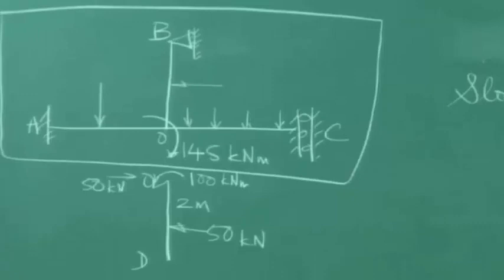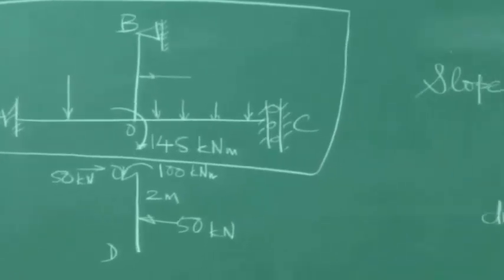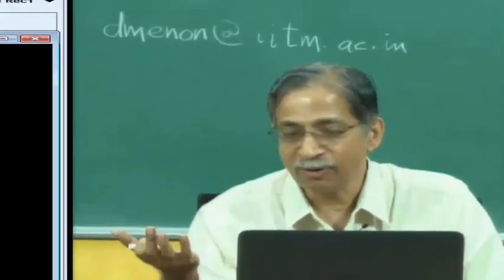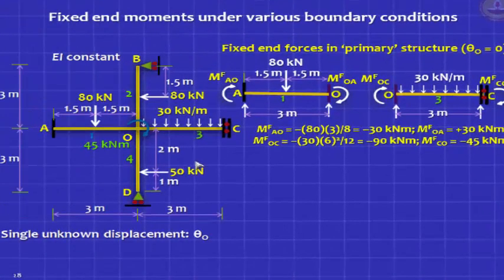We have a constant load right in the middle, so very easy to capture, minus 3. So 3 will be WL squared by 4, and it's going to be minus 45. I hope you remember all this. So these are the fixed end moments you get for AO and OC.